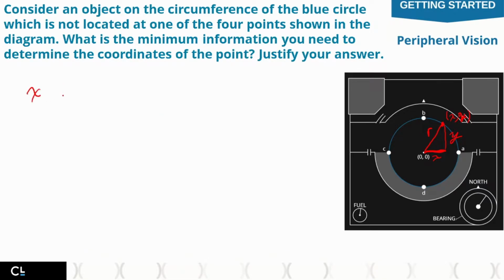So we need x and y, that'll just tell us the coordinate. Or we need x and r, because then we could use those two in the Pythagorean theorem to find y. And last but not least, y and r, because then if we know those two, we can use the Pythagorean theorem to find x, right? So if we know these things, then we could always find the other.